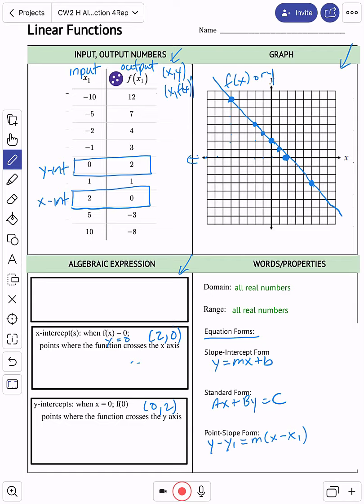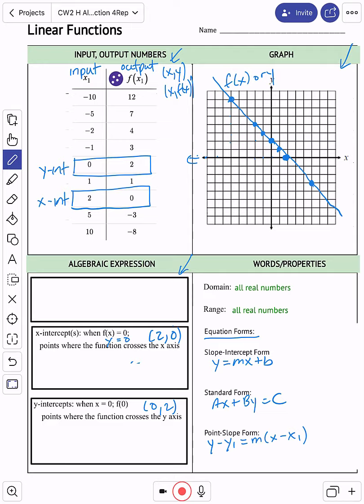Then when you go look and see where it intersects that line is going to actually be the solution for that point. So when you put in x equals 1,000, whatever comes out is going to lie on this line. And that algebraic expression that describes this line is nice because it's a really compact way of showing what this graph shows, which is the match of output for every input.